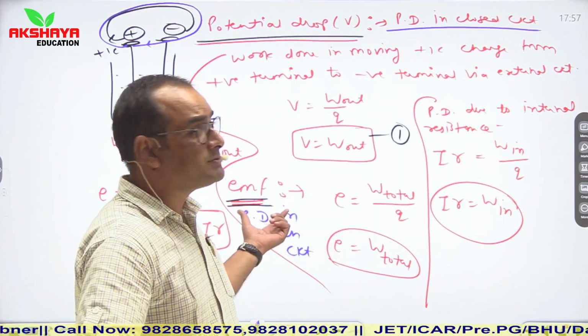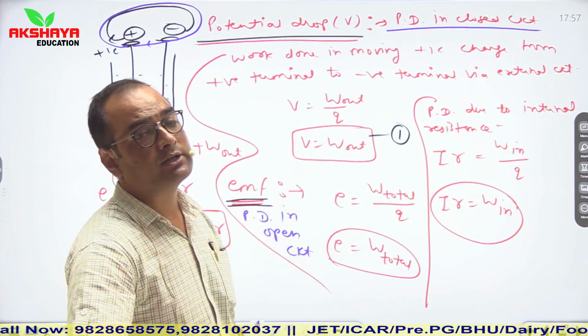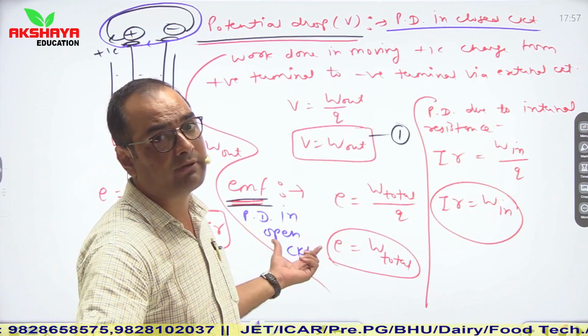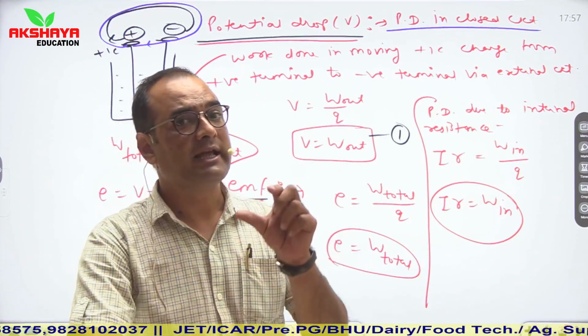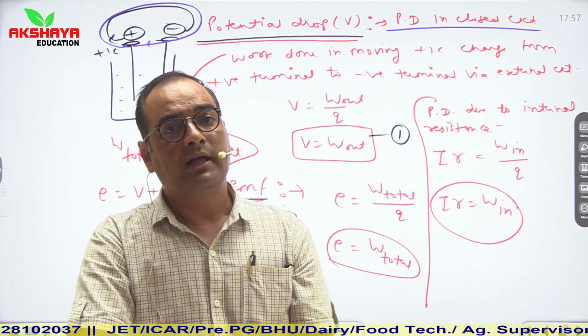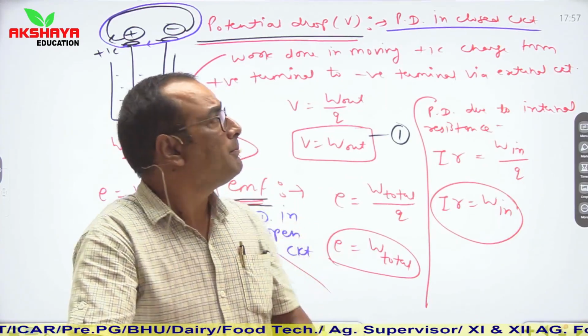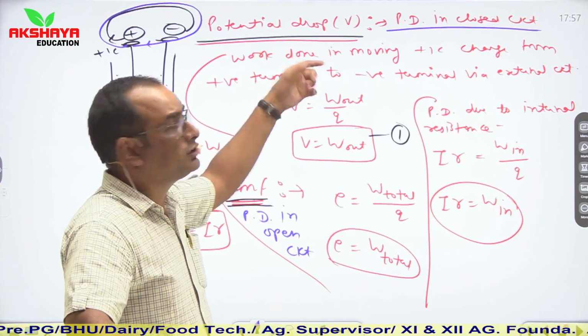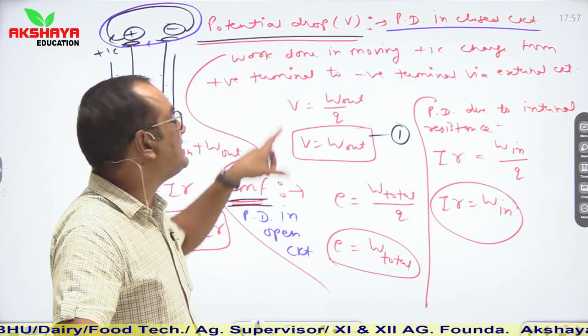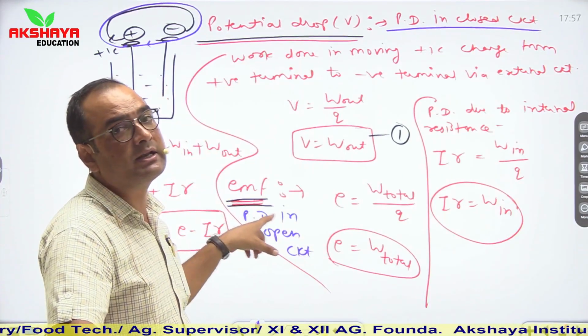So that printed value is known as EMF. And when we use that cell in an electric circuit, then as much value as it gives is known as potential drop. This value is always less than EMF due to some internal resistance.